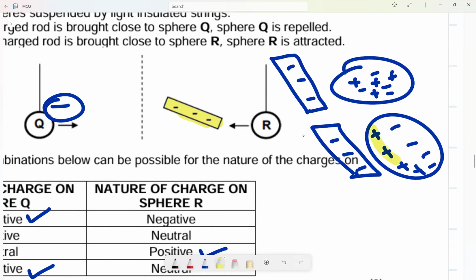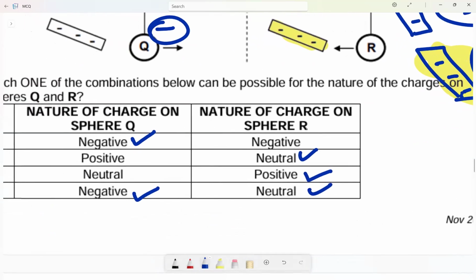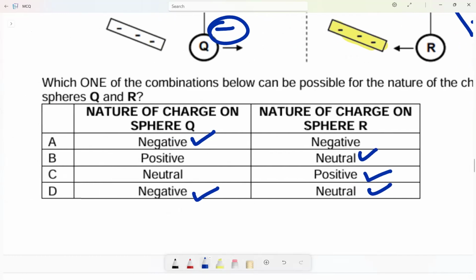So this one can also be attracted, because it will move toward the negatively charged rod. So sphere R has a possibility of being neutral. So it has these options, neutral or positive. So the most correct answer in this case is number G.